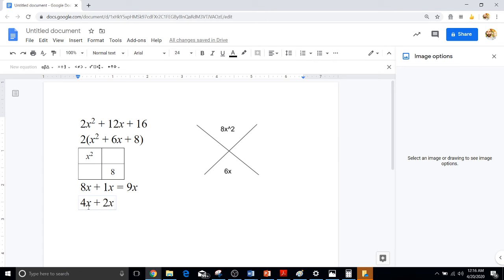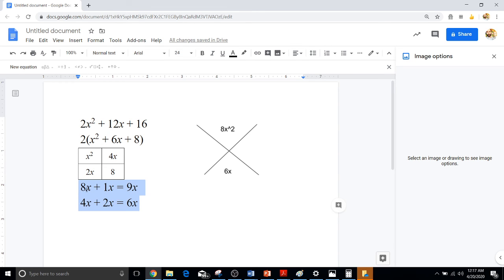However, we do have 4x plus 2x, and if we add those up, well, 4 plus 2 is 6, so that's just 6x. And look, there's the answer we were looking for. Instead of putting 4x and 2x here in the diamond, let's just go and put them in our box. 4x we'll put on top, and 2x down below. Again, it does not matter where you put each one, as long as both of them make it on there.